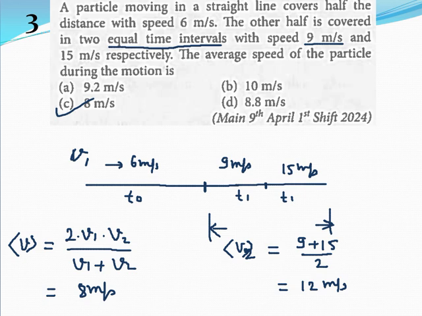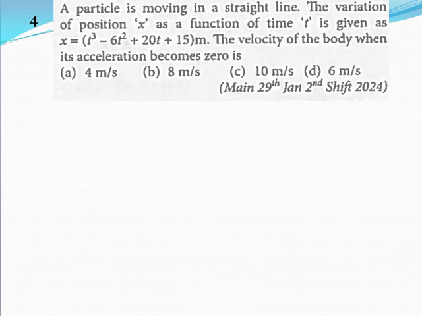Come to the next question, question number 4. A particle is moving in a straight line. The variation of position x as a function of time t is given, and we need the velocity of the body when acceleration becomes 0. For the velocity, we simply differentiate x, dx by dt.